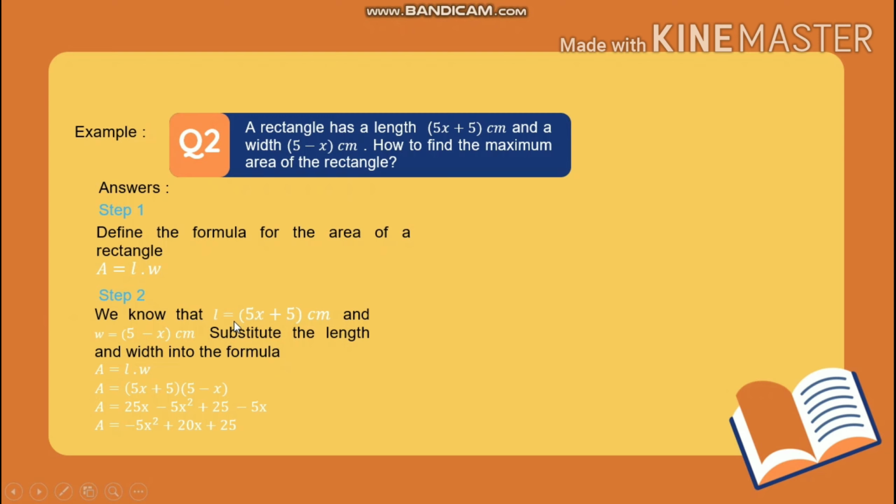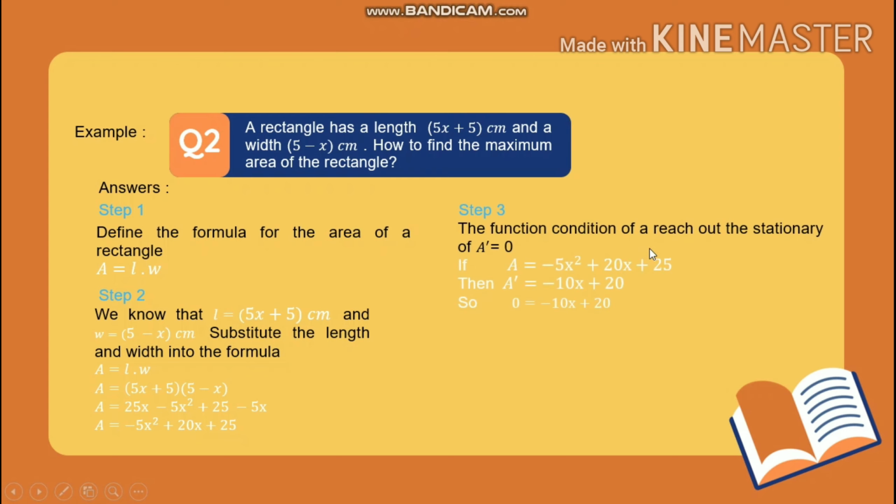We can substitute length and width, so the area equal to 25x minus 5x squared plus 25 minus 5x. So a equal to minus 5x squared plus 20x plus 25. Step 3.